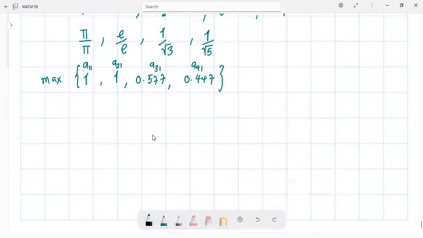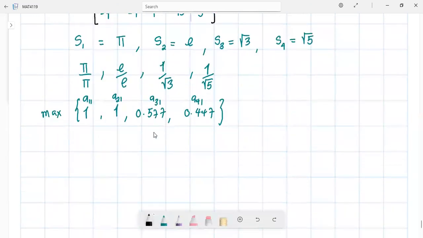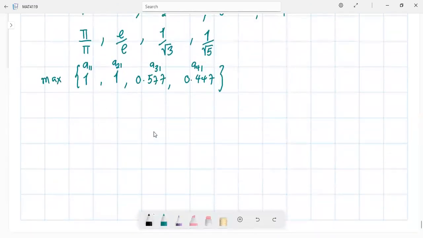Okay, so I'm going to interchange those 2 rows. If I do that, what do I have? I'm going to get for the matrix: row 1 becomes row 2, row 2 becomes row 1.